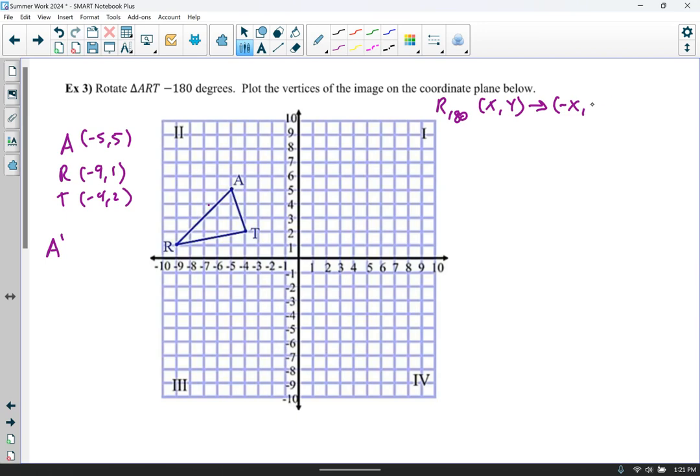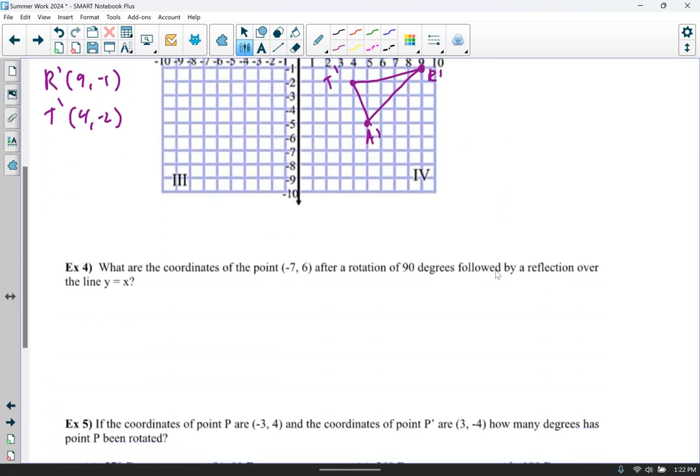So that's just going to be (negative x, negative y). So A prime will be (5, negative 5). R prime will be (9, negative 1). T prime will be (4, negative 2). And then I'm ready to plot. And there we have our image, A prime, R prime, T prime.